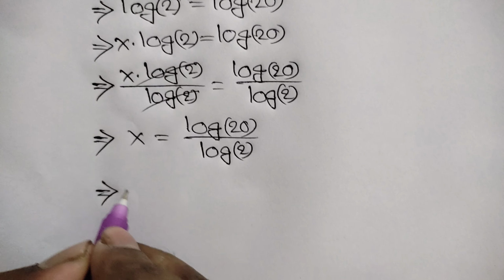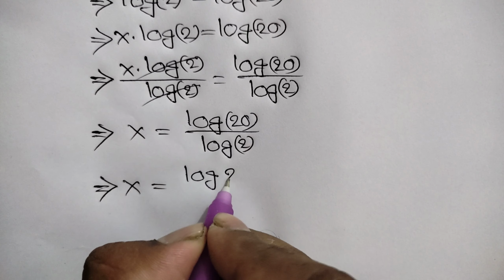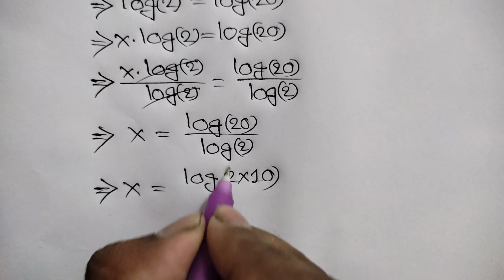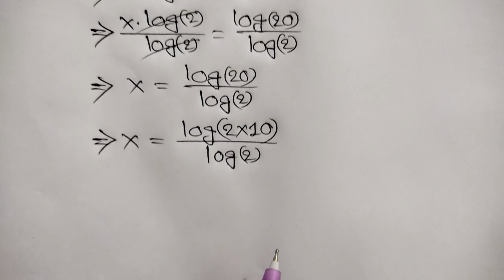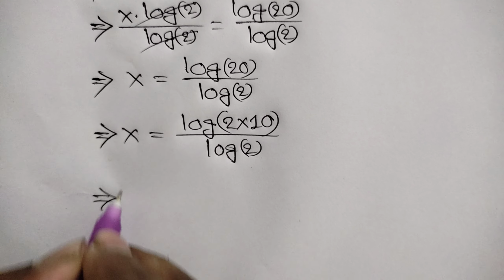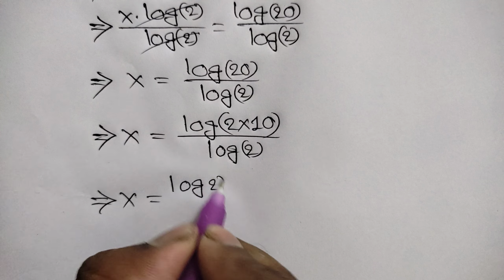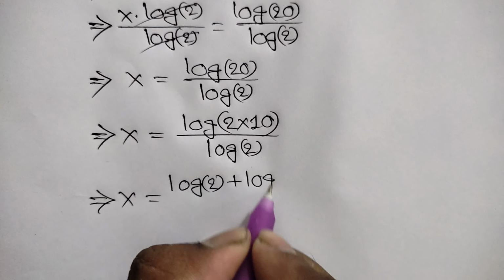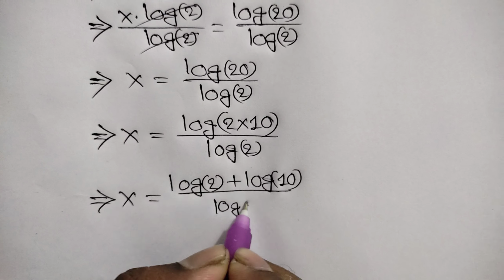Now x is equal to log of 20, which can be written as log of 2 times 10, over log of 2. So x is equal to log of 2 plus log of 10 over log of 2.